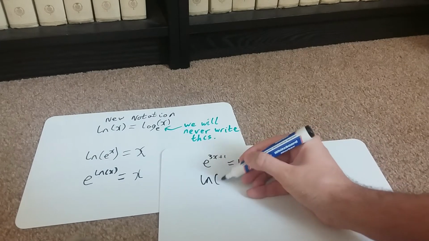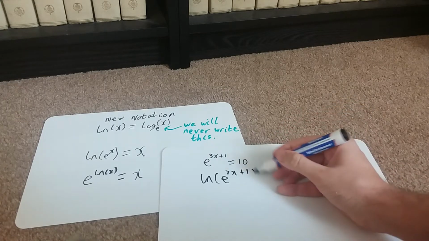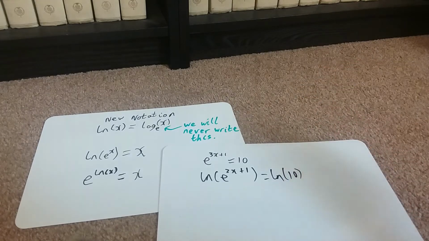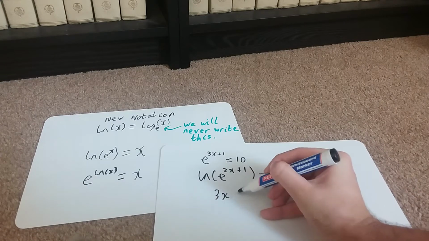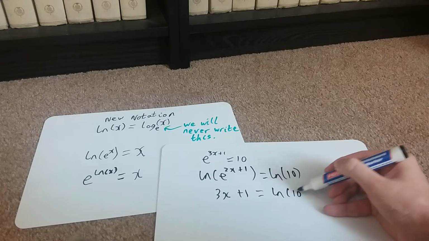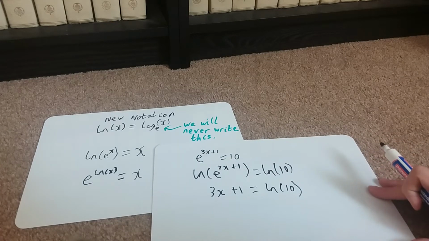Natural log of e to the 3x plus 1, close brackets, equals natural log of the other side. If we're doing the same thing to both sides of the equation, it should still be equal. But we know from this rule up here that if we've got natural log of e to the something, they cancel out. And so we get left with that. Don't really need the brackets on the log 10 here.